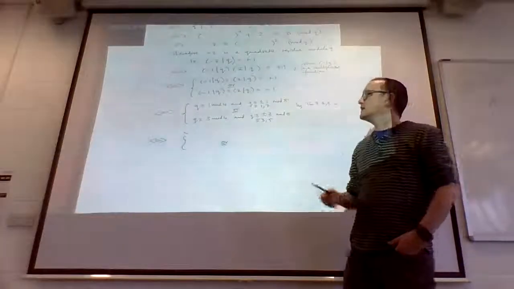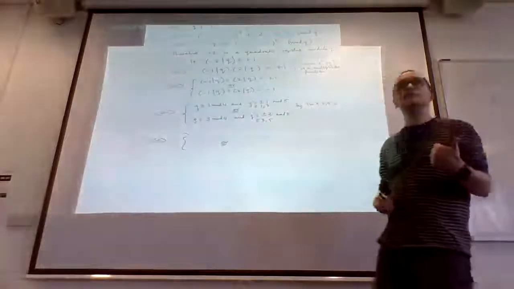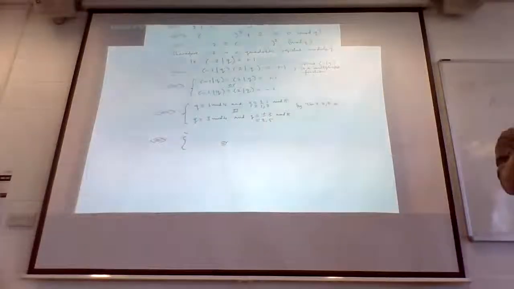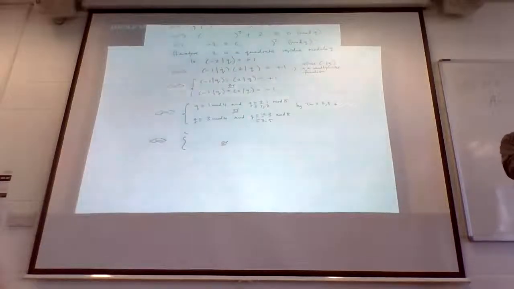1 mod 4. So if you're 1 mod 4, what are you mod 8? That's the point. If you're a multiple of 4 plus 1, either that multiple of 4 has a 2 in it, so it's a multiple of 8 plus 1, so you're congruent to 1 mod 8.